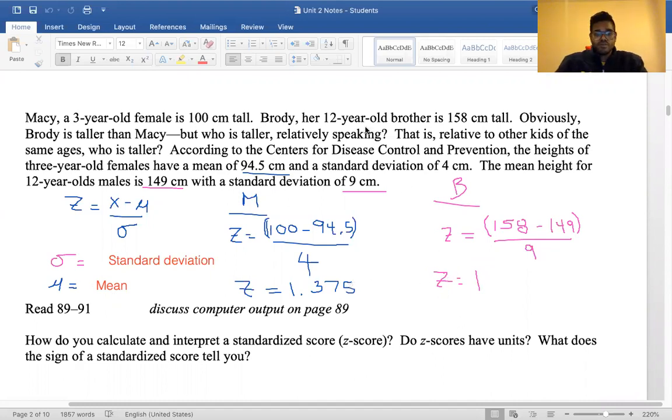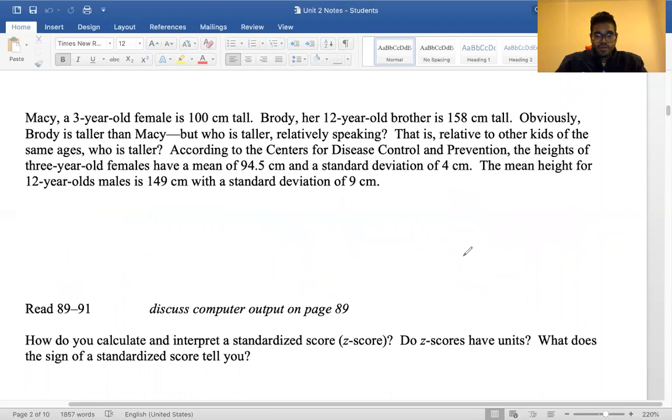To explain this a little bit more, I'm going to clear these drawings. When you look at the normal distribution, you have your bell curve. Looks something like this. And you have your mean go smack dab in the middle. So here is what we call mu, this weird looking U thing.